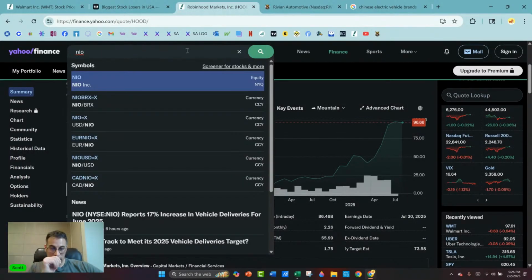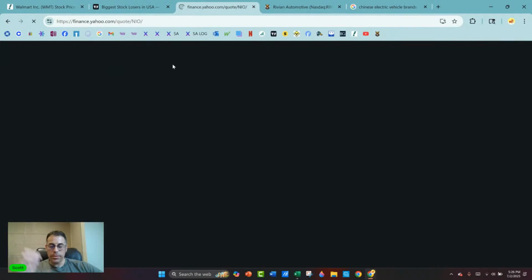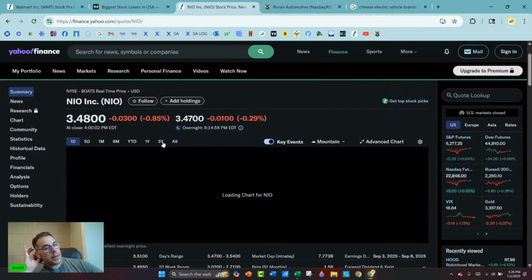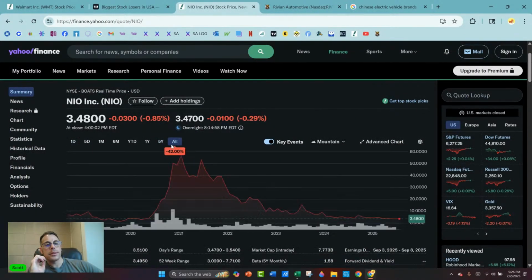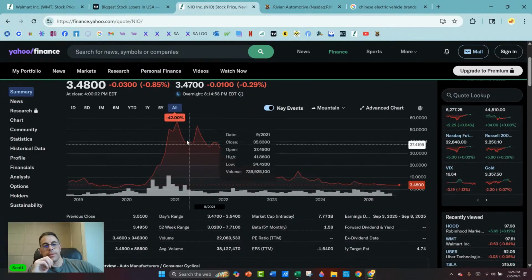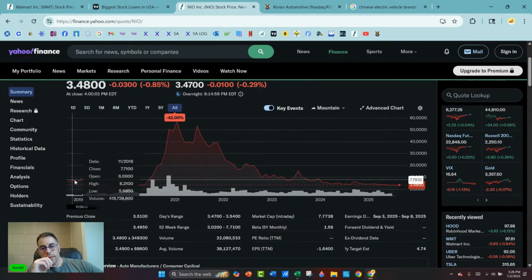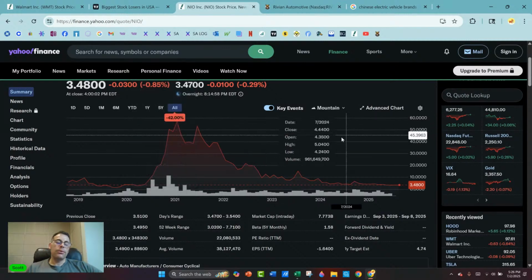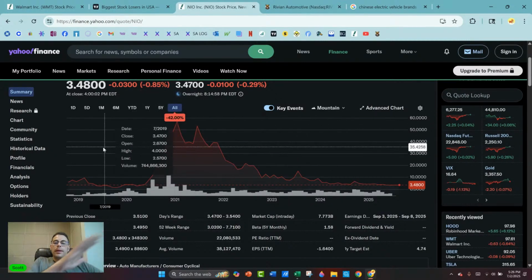Nio, I remember the stock just grew so much, but then it got slammed. It was not the same type of trend as Rivian, which was at IPO and then just came down.